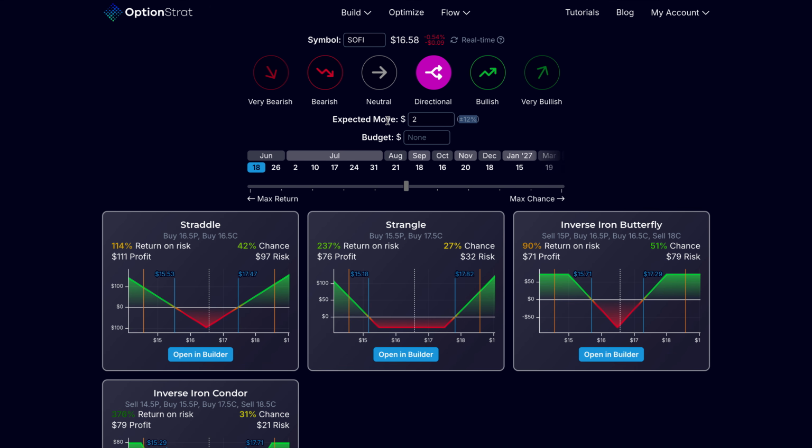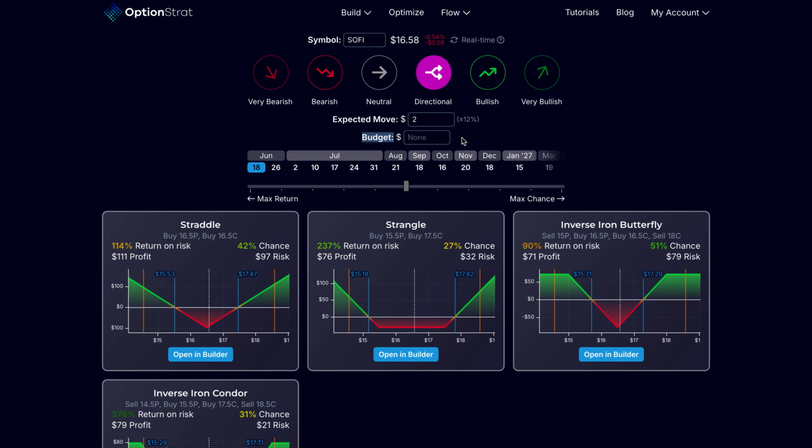Once you've determined your sentiment and either the expected move or your target price, depending on what your sentiment was, the next field here is budget. This is very important because budget allows you to enter how much money you have to put into the trade.